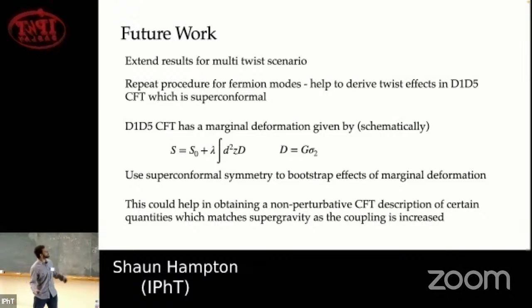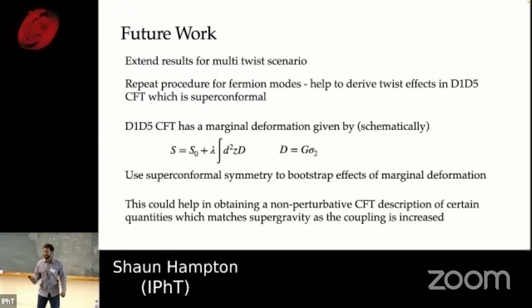One of the major hopes here is, in the D1D5 CFT, you have something called a marginal deformation, and this takes you from the free orbifold point to the supergravity point, but typically it's really hard to go far away. We know that the supergravity point is pretty far away in moduli space, but we can only compute things to say first or second order.